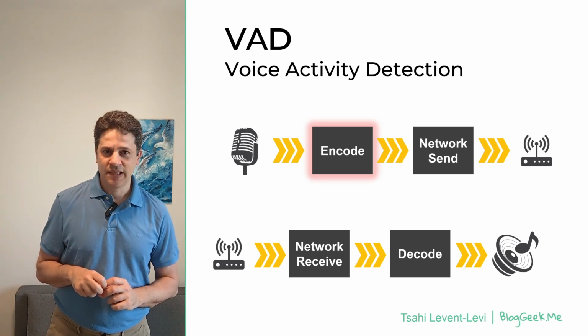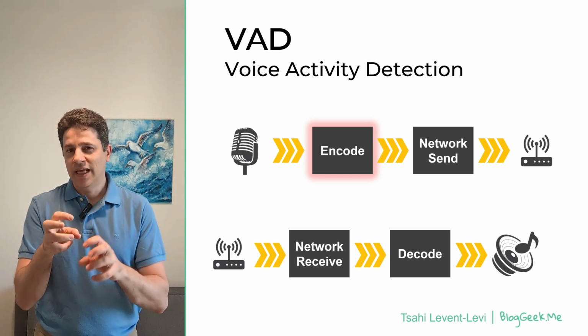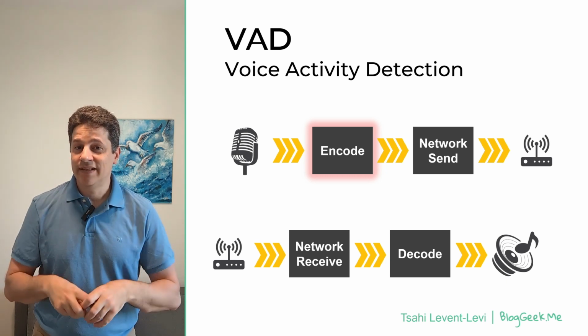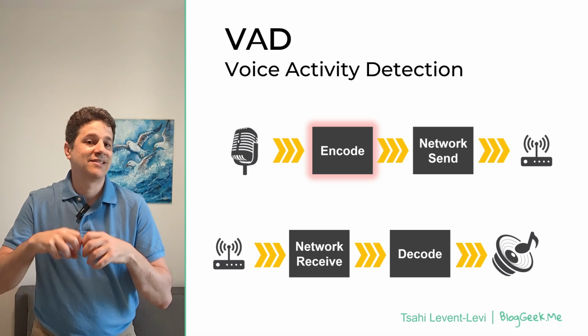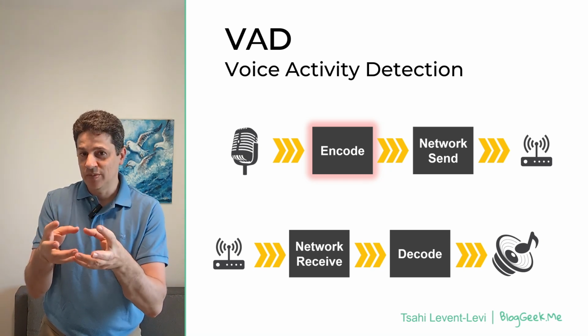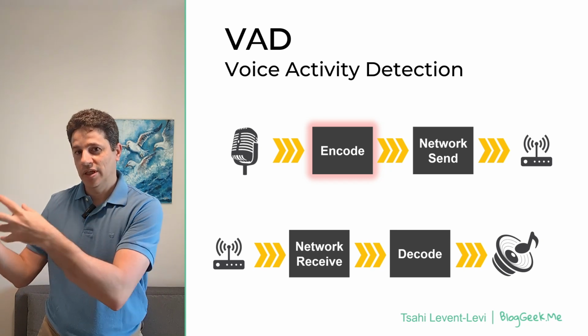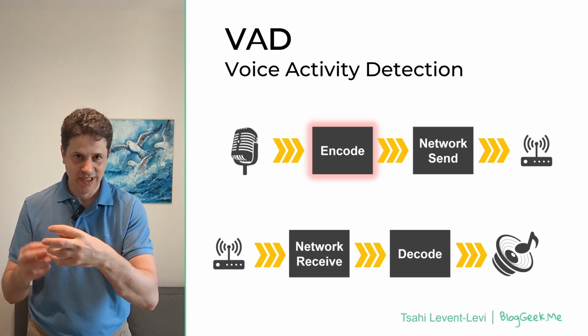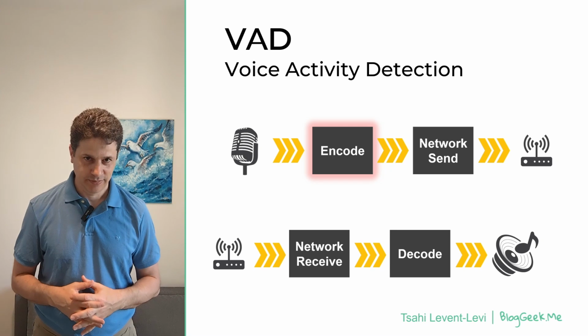Where is VAD placed? Usually next to the encoder or inside the encoder itself. The encoder itself has a VAD algorithm or component that knows what types of frames to generate from the data that we received and encoded on the other end.